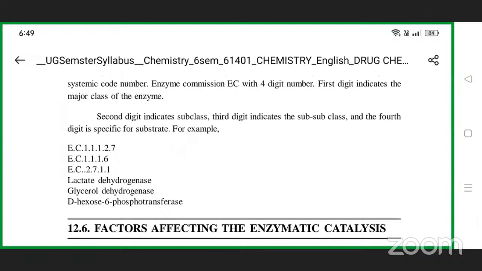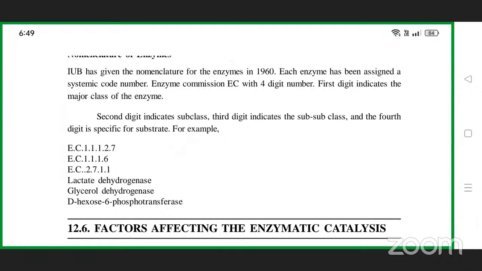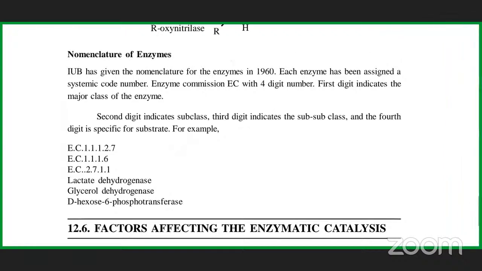So this is what the Enzyme Commission proposed as nomenclature for enzymes. Each and every enzyme has its specific code, and each code indicates some names.